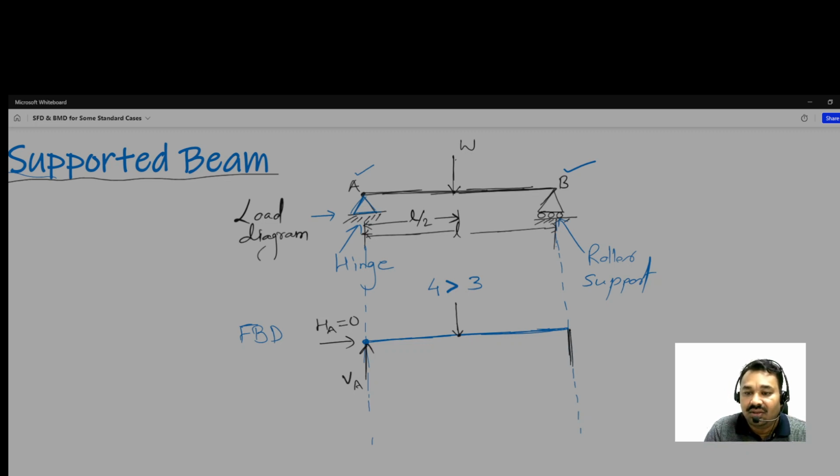And to remove the roller, now we have to put a reaction here. ठीक है, direction upwards, because the load is acting downwards, that's why the direction of reactions will be upwards.